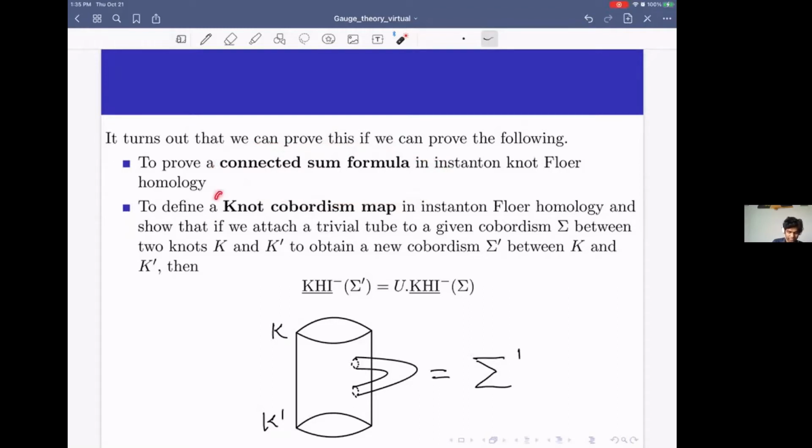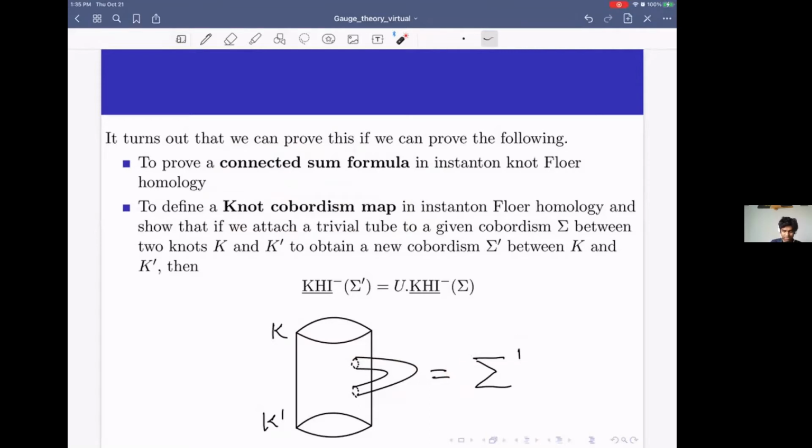And the second is about the knot cobordism map in instanton Floer homology. One needs to prove that if I have a knot cobordism between two knots K and K prime, and I attach a trivial tube to the knot cobordism, which increases the genus by 1, then I have a new surface between the same knots K and K prime.